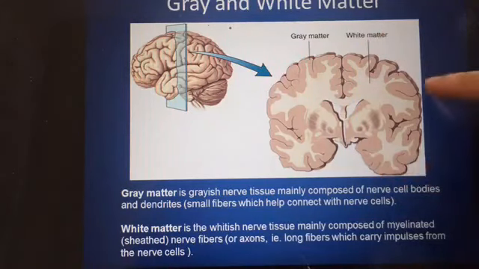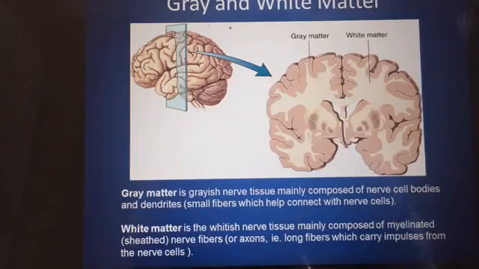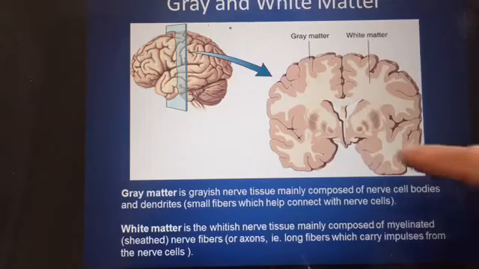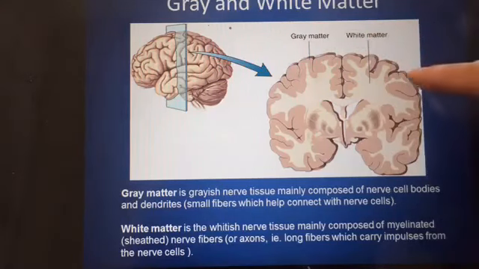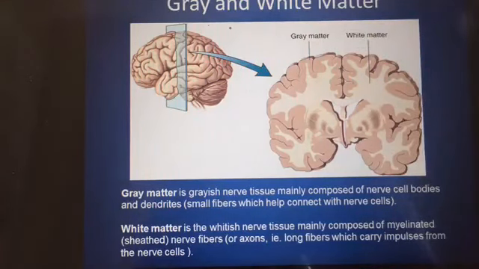Now, the neuron, essentially you can think of it as a kind of two-part structure. It has the cell body, which makes up these billions and billions of neurons in the gray matter. And then they have long tail-like processes which are called axons, which transmit the messages down.